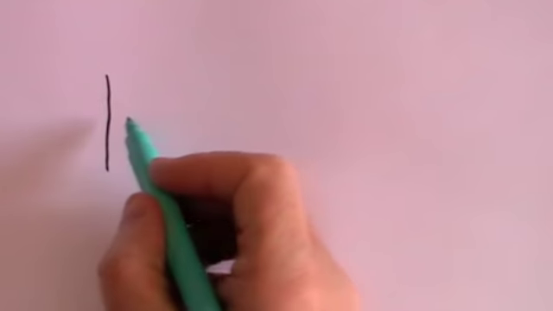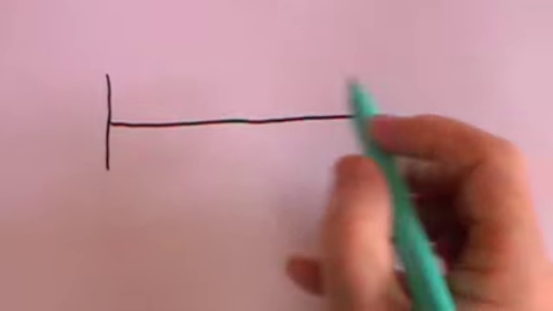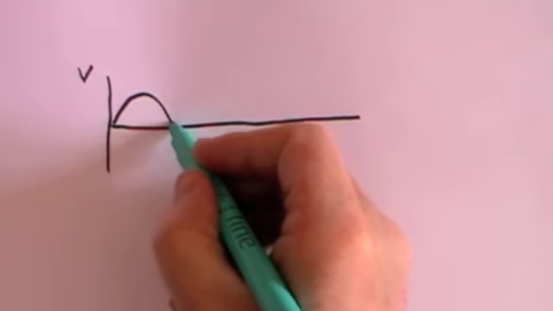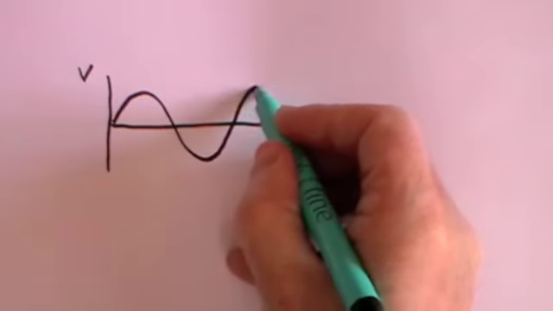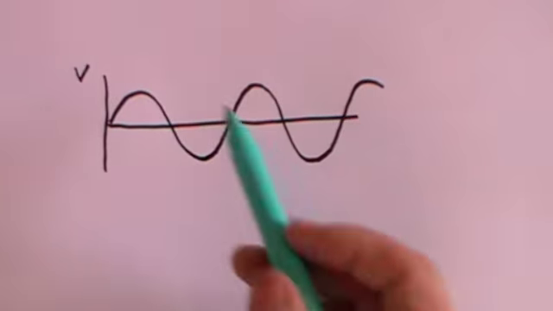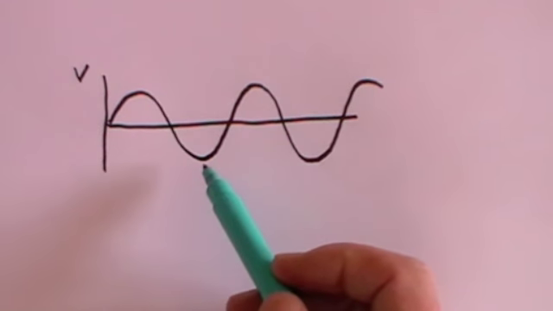We now move on to the concept of the root mean square. So once again, let's look at our alternating current. This is voltage, and this is the sine wave, which in the UK will go at 50 times per second from the maximum to 0 to the negative maximum.